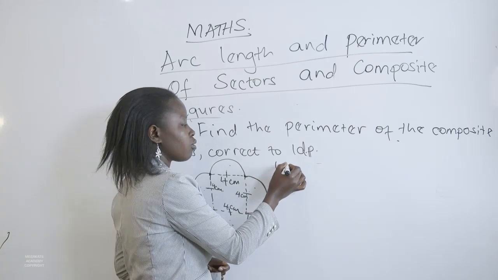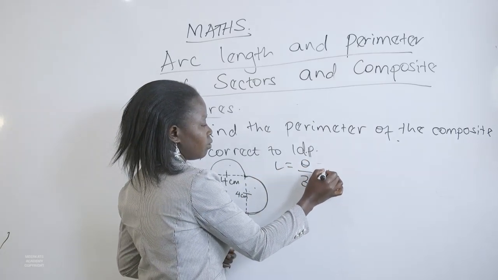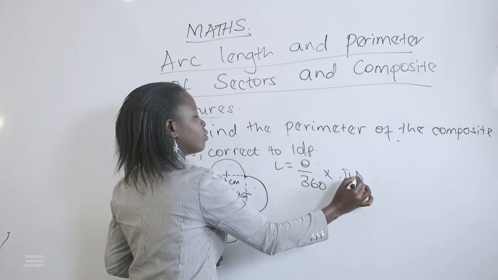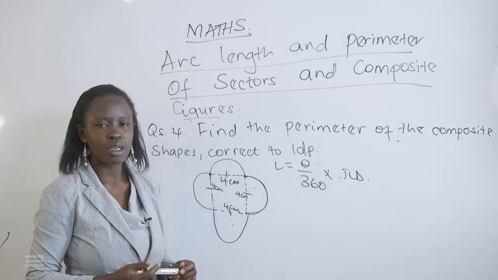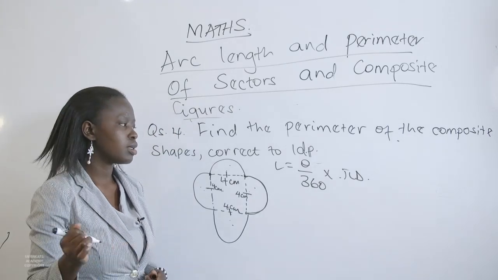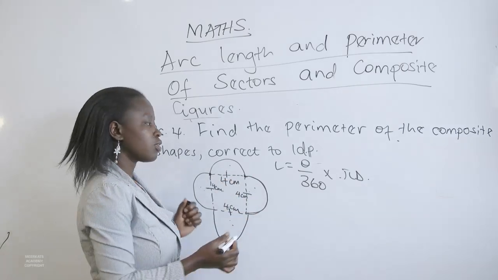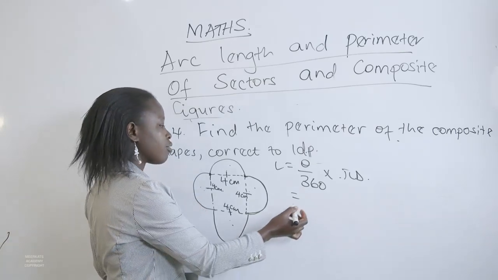So the length of the arc is obtained by theta over 360 times pi d. This is a semicircle, so theta is 180, which represents half of the circle.